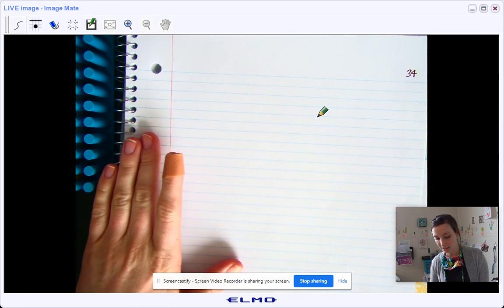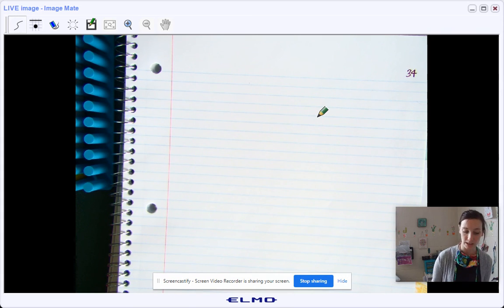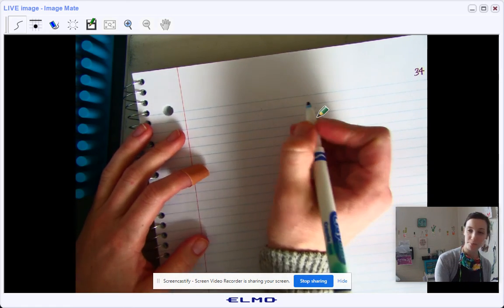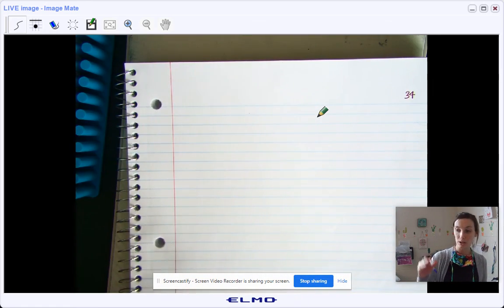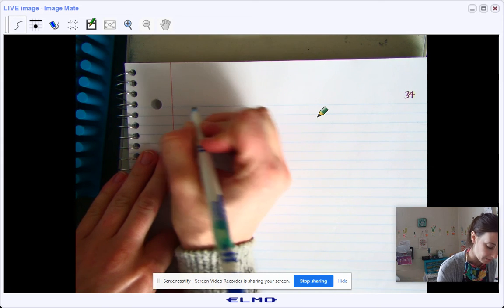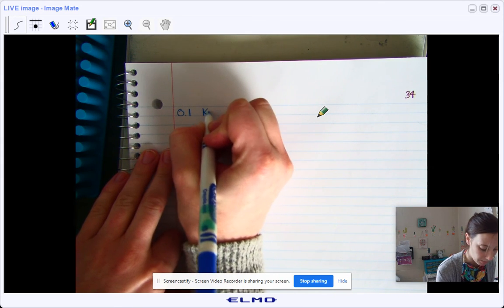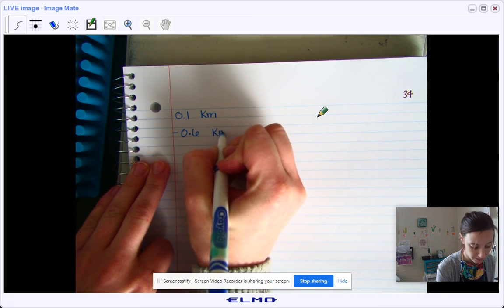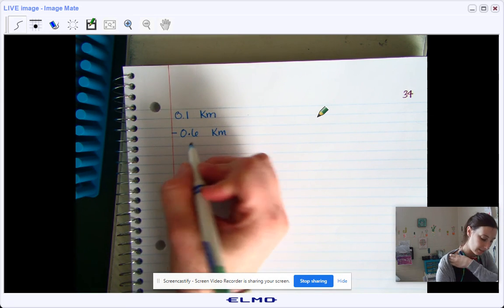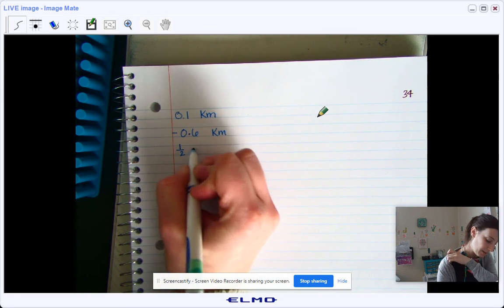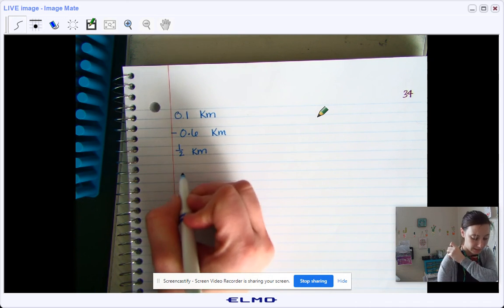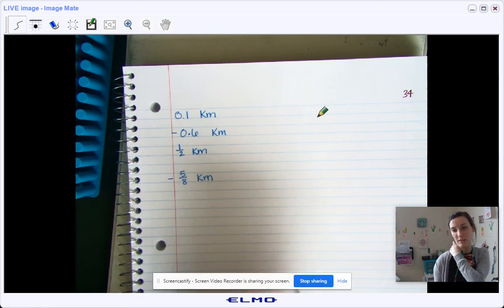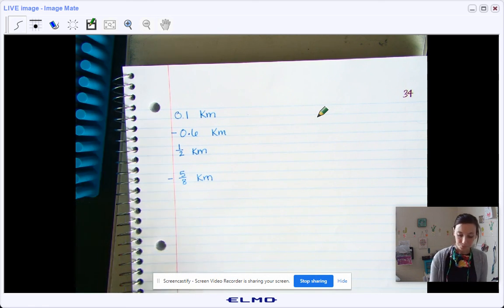Let's say that I am going to graph people above and below sea level. So somebody's at an elevation of 0.1 kilometers, somebody's at an elevation of -0.6 kilometers, somebody else is 1/2 of a kilometer above sea level, somebody else is -5/8 kilometers of elevation.